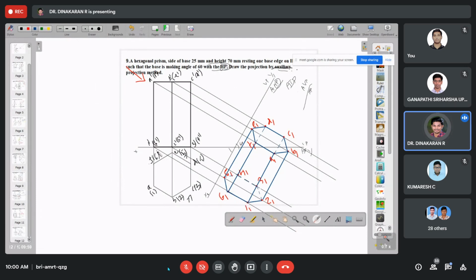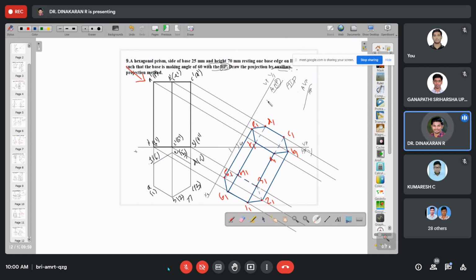This one is 18 mm, so from here you mark 18 mm. And this B point is 54 mm, so you mark 54 mm from the new reference line. This is the 0 line because we tilted the old reference line by an angle of 60 degrees; we rotated it. So we created a new reference line.